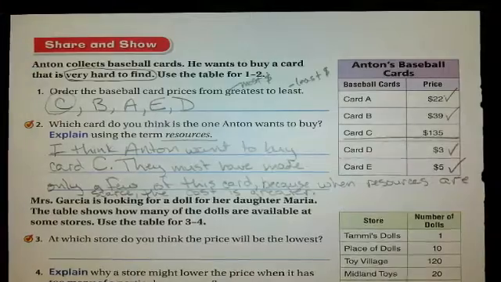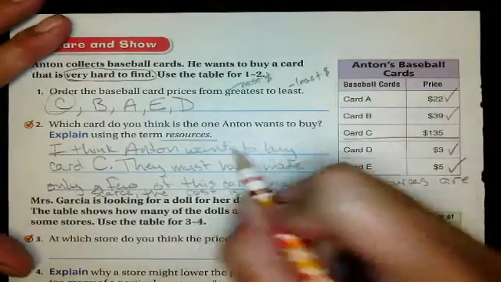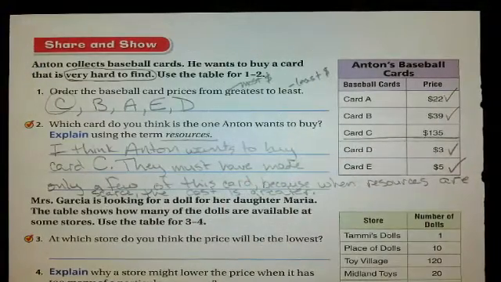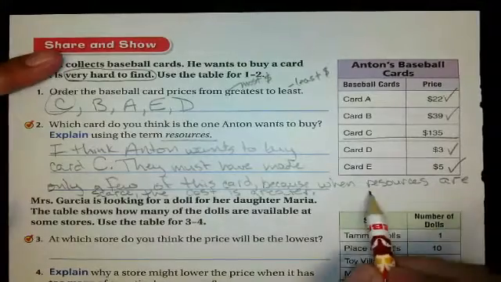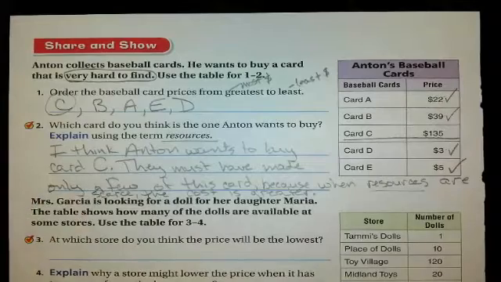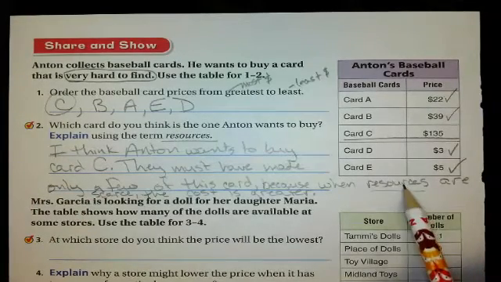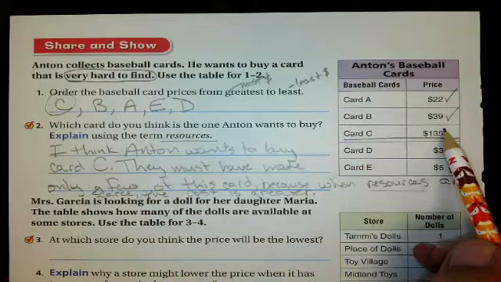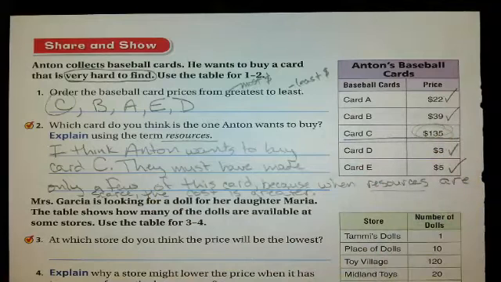So I think Anton wants to buy card C. They must have made only a few of this card because when resources are scarce, which means there's not a lot of them, the cost is greater. So we've used our vocabulary and we've explained why we think this card is more expensive than the rest of them by quite a bit. Just like the red toy set was more expensive because there's fewer of them.